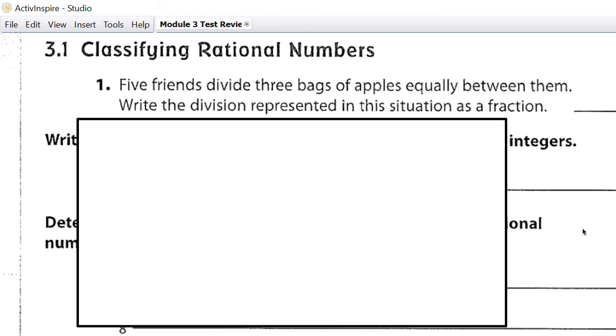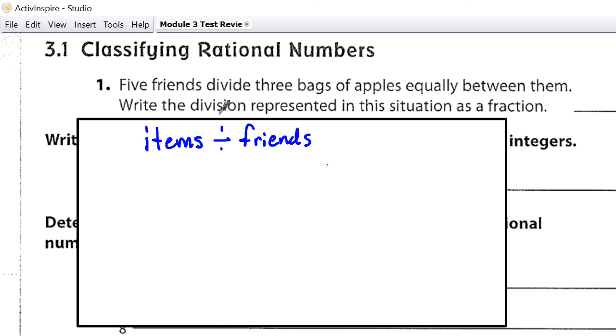This one is 5 friends divide 3 bags of apples. Now, some kids are going to be tempted to just take the first word, 5, and put it first. Second word, 3, put it second, do 5 divided by 3. And that's actually not going to be right because of something we've talked about. The structure of that clay problem and the structure of all the problems that we've done like this was always you take the number of items and you divide by the number of friends or people.